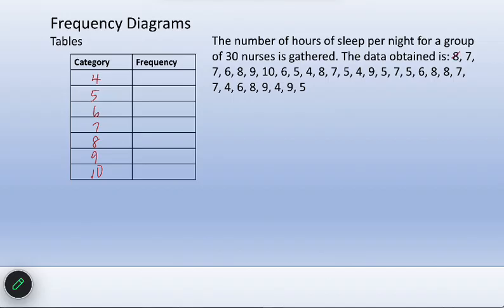So I see 8, 2 7s, a 6, another 8, a 9, 10, a 6, a 5, a 4, and so on. So let me just kind of go down my list and tally these out.